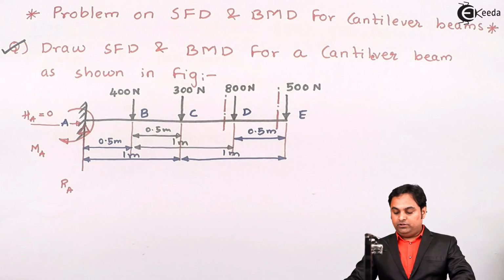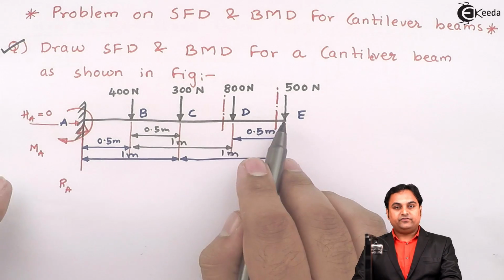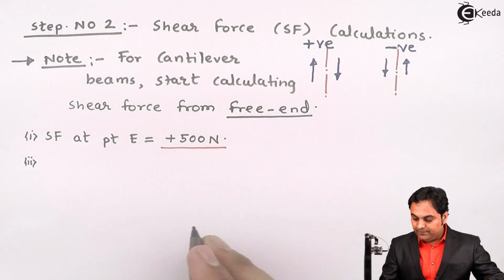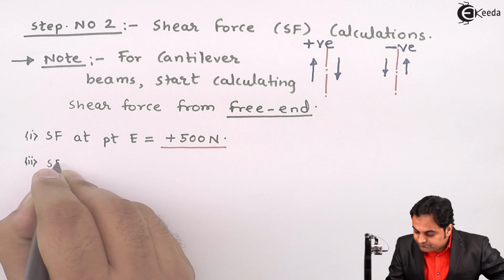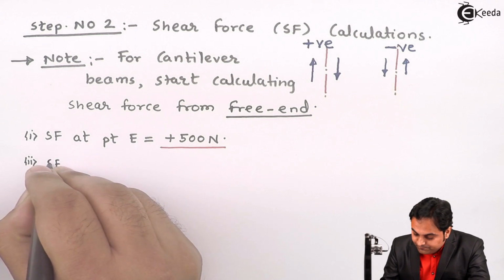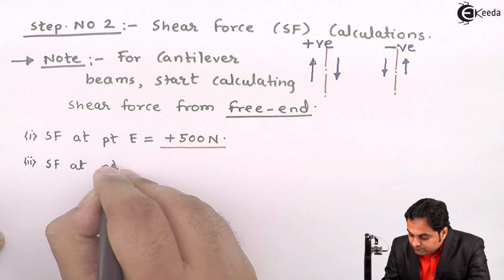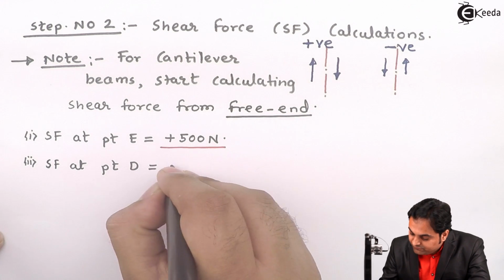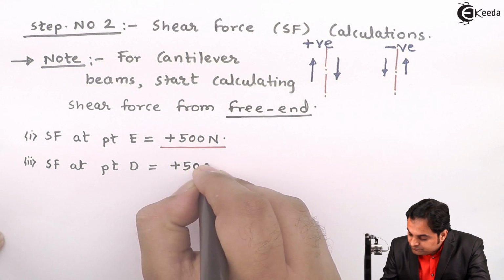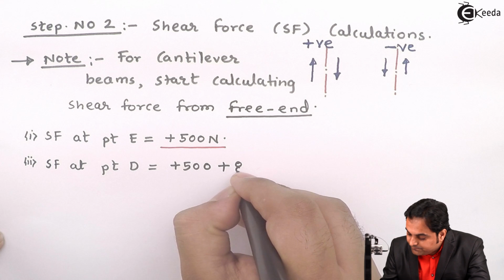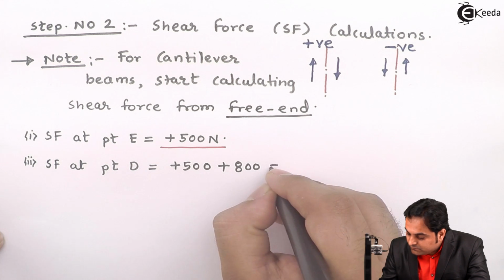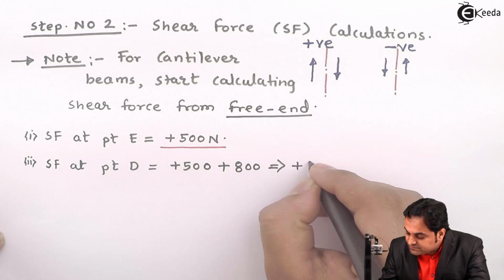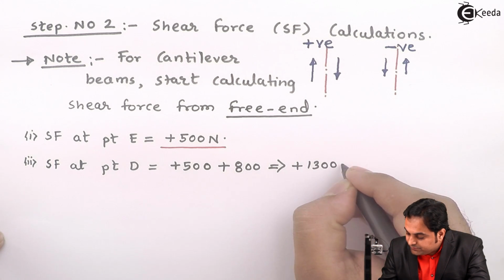Both are acting downward. So on the right hand side, downward is treated positive. So that will be SF at point D equals plus 500 plus 800, which gives me plus 1300 Newton.